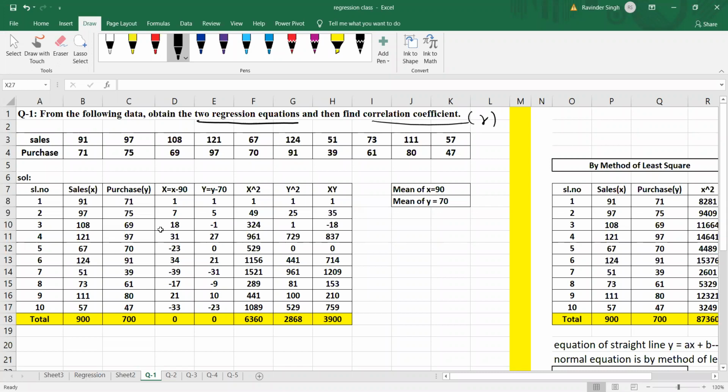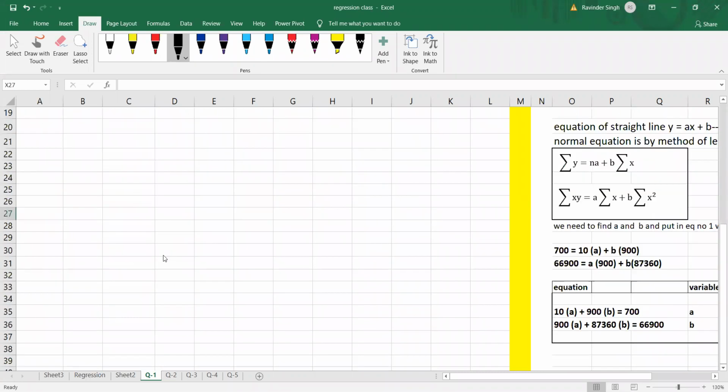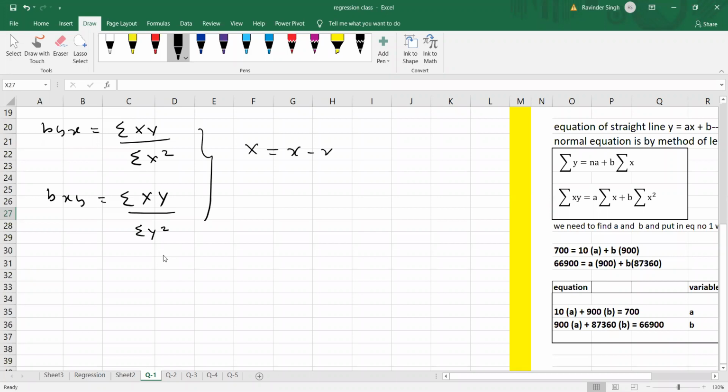So as I've told you, when the data is given in this particular format, which formula will I use? I will use byx equal to summation of capital X capital Y divided by summation of capital X square, and bxy will be summation of capital X capital Y divided by summation of capital Y square, where capital X is x minus x bar and capital Y is y minus y bar.